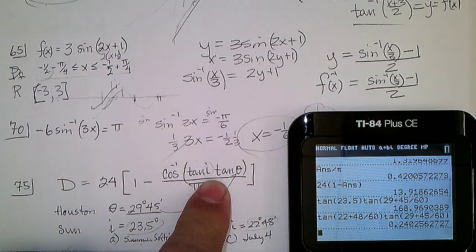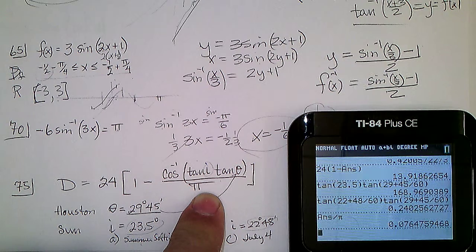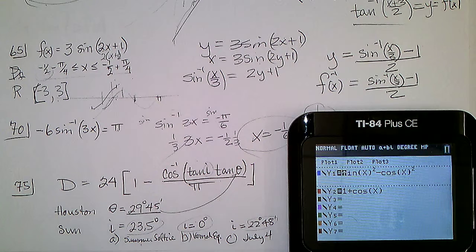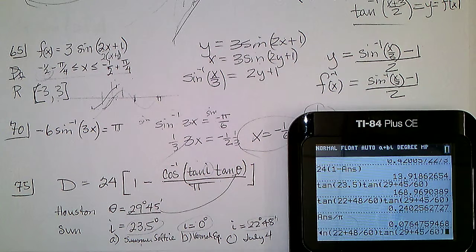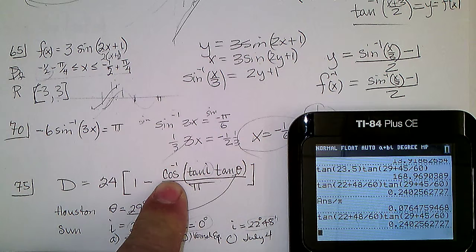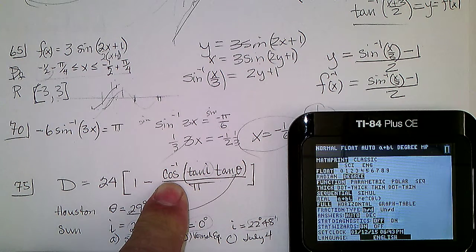Then I got to divide that by pi. Oh, not yet. Oops, go back to that one. I got this. I gotta take the cosine inverse, but I need to be in radians. Mode, radians. I forgot to take the cosine inverse.